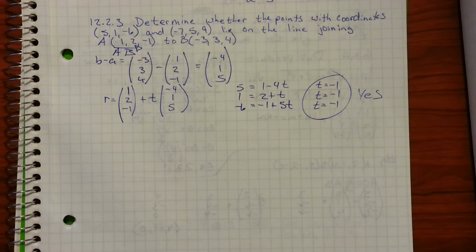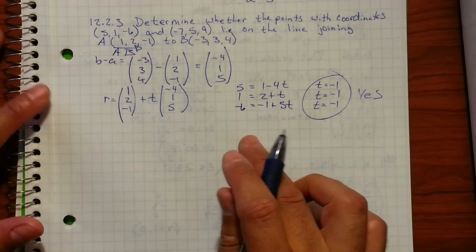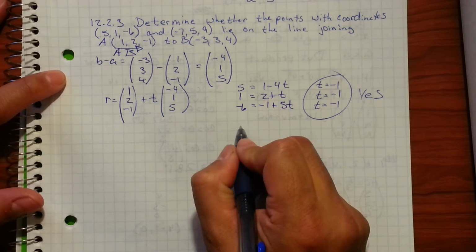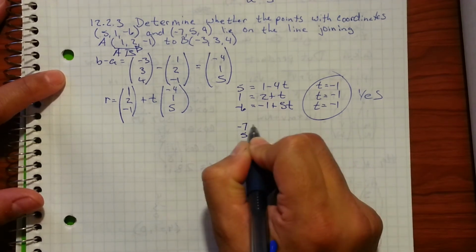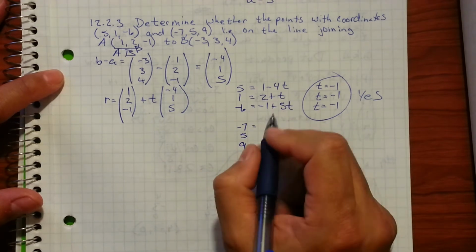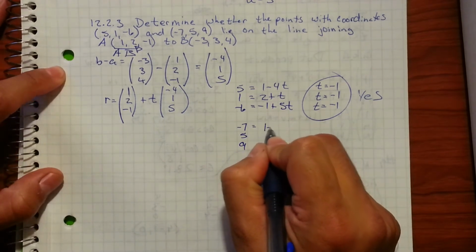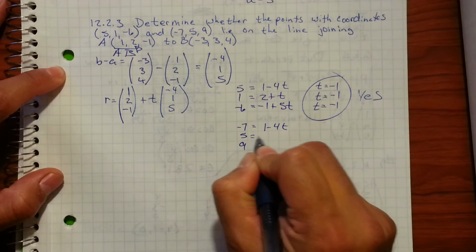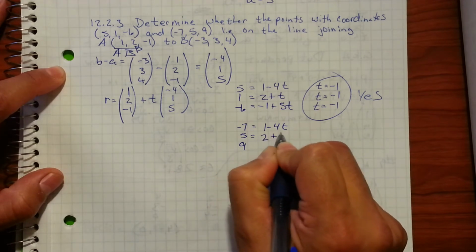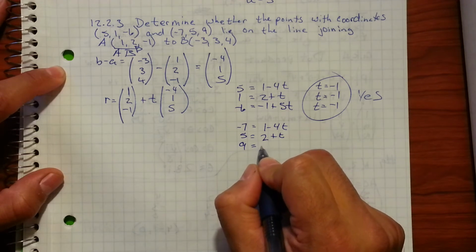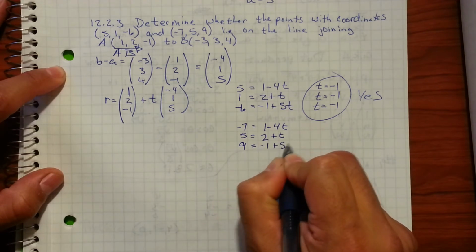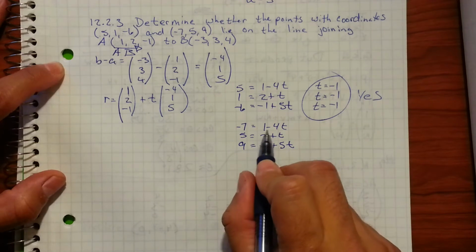Now let's try the other one, which is (-7, 5, 9). So -7 is equal to 1 minus 4t, 5 is equal to 2 plus t, and 9 is equal to -1 plus 5t. Let's see what we get.